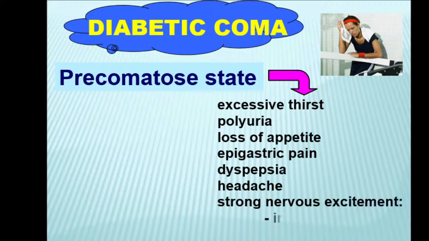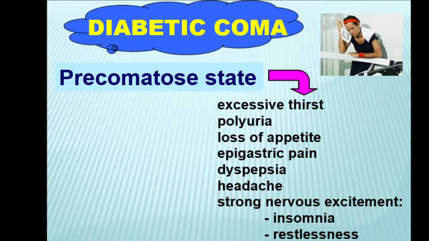You see, again all complaints which are characteristic for disordered carbohydrate metabolism come back. The patient again feels excessive thirst, drinks a lot of water, as a result excretes a lot of urine, but in contrast to the primary manifestation of diabetes mellitus, when the patient feels bulimia, increased appetite, the patient in the pre-comatose stage loses appetite, can feel some discomfort or pain in the epigastric region accompanied with dyspepsia, can feel headache and different nerve disorders.